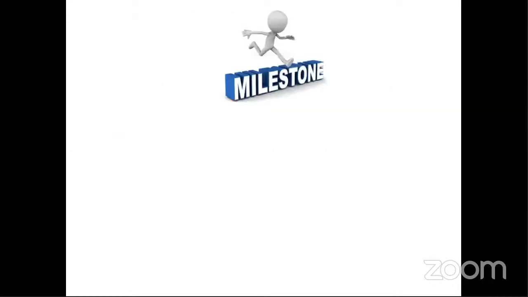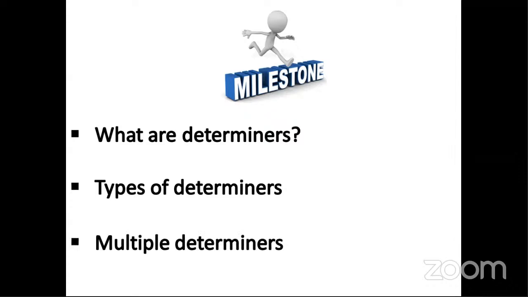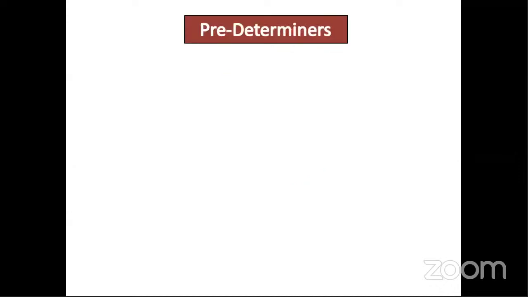So we just touched upon 2 milestones: what determiners are, and the types of determiners. Now we will be discussing multiple determiners. Can we have more than one determiner in a sentence? Before we understand multiple determiners, let us understand the term predeterminers.